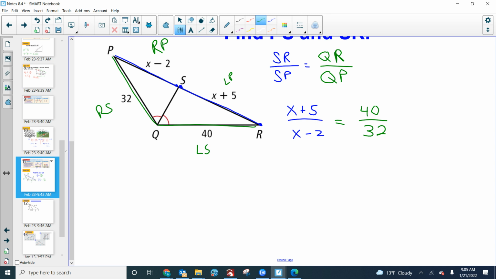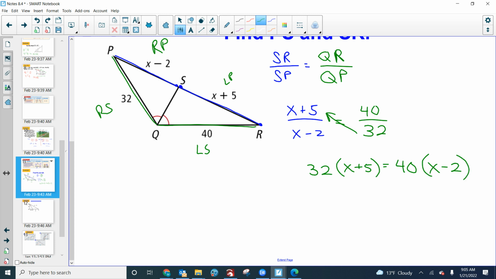What else should we be careful of? McKenna? You have to distribute. So what should we put there to remind ourselves to distribute? Parentheses, right? So 32 times x plus 5. There's Christiana's equal sign. 40 times x minus 2.